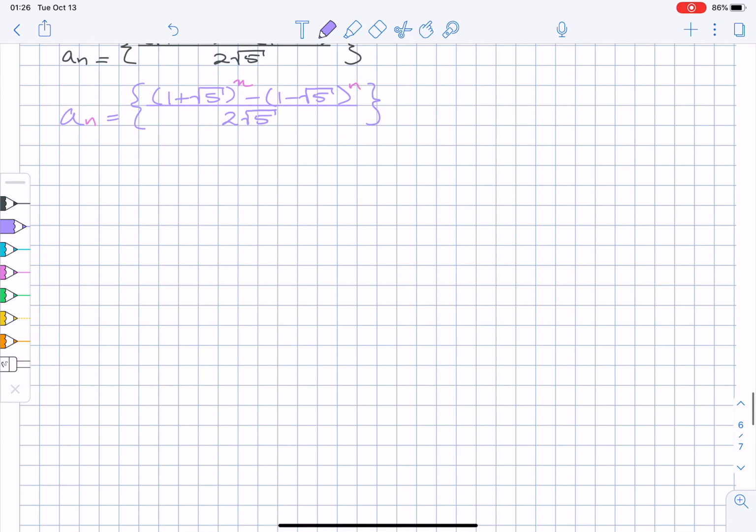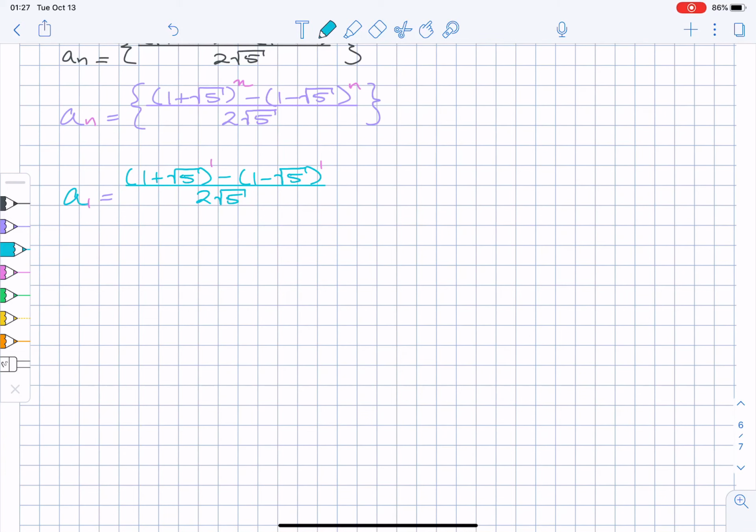Okay, so what would a sub 1 be? A sub 1 is going to be 1 plus root 5 to the first power minus 1 minus root 5 to the first power, all over 2 times the square root of 5.